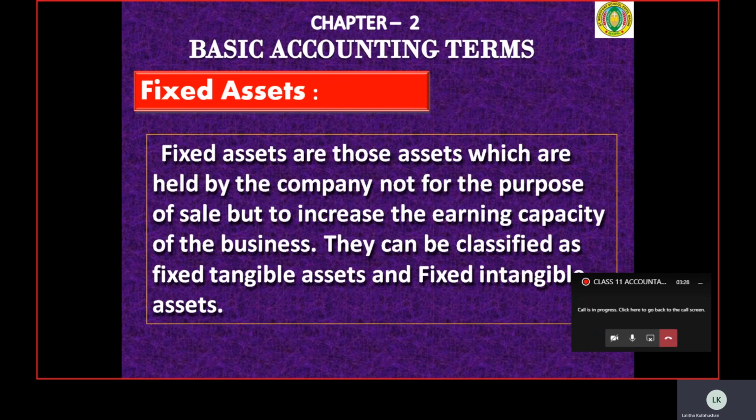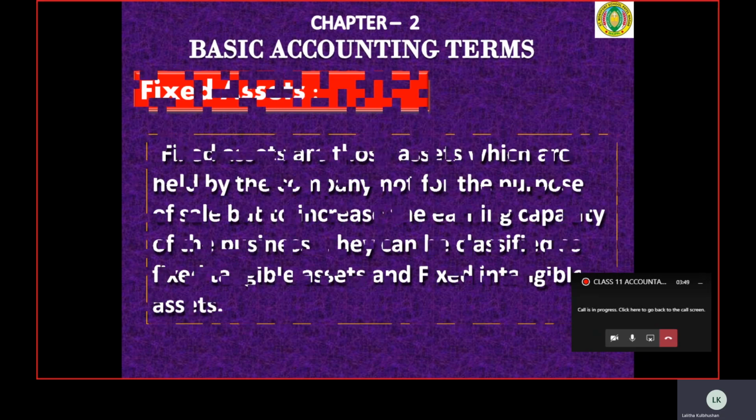The examples of fixed assets are the same as those of non-current assets, and also the same as the tangible assets: land and building, furniture and fittings, fixtures and machinery, equipments.